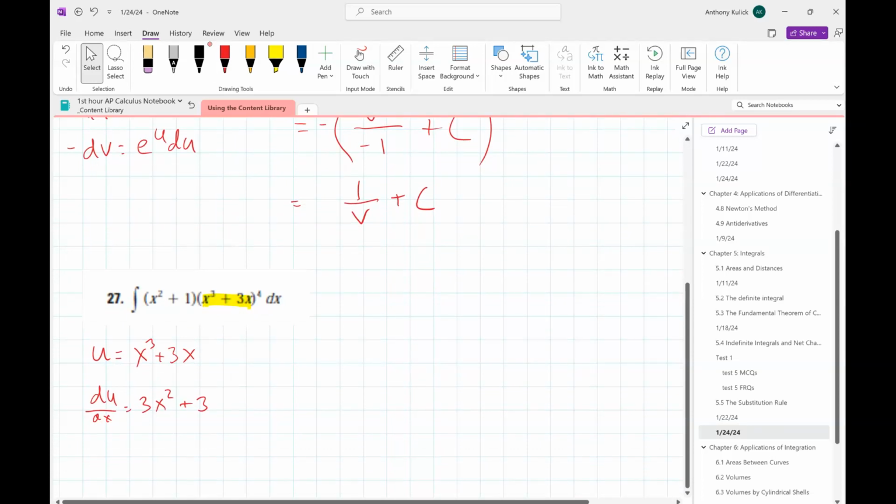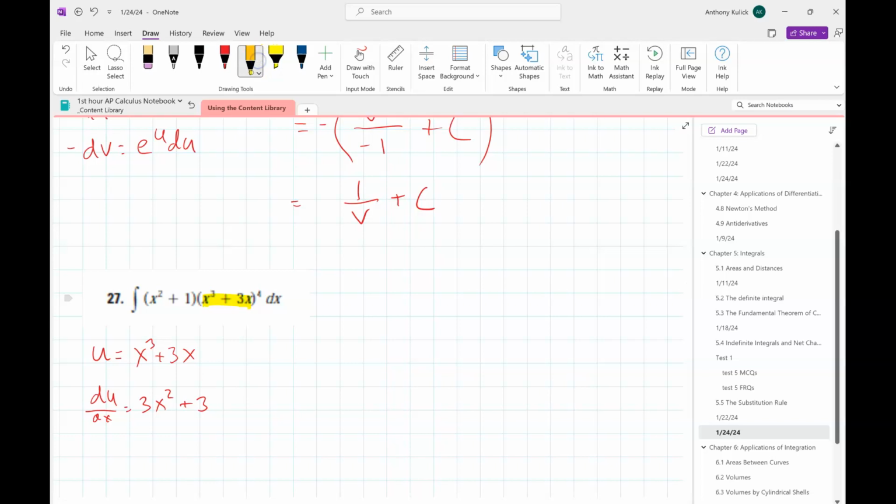And I noticed that I don't have a 3x squared plus 3, but I have an x squared plus 1. So if I divide the 3 over, I'll have what I need then, right?